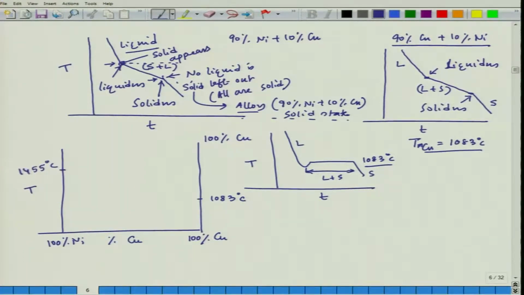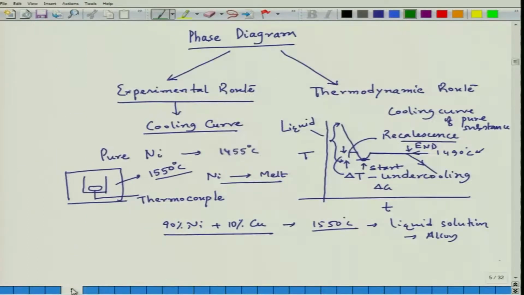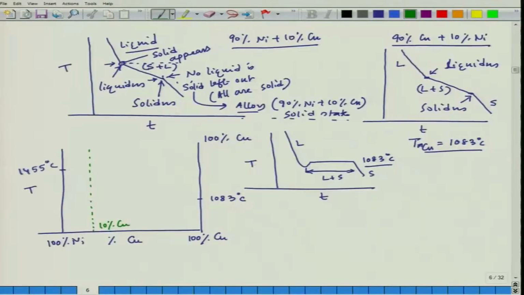Now, if we consider, as we have considered in this particular case, 90% nickel and 10% copper, I just put a dotted line. This is 10% copper. We see that this liquidus line is lower than the melting temperature.